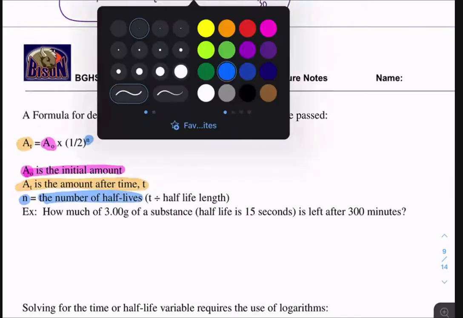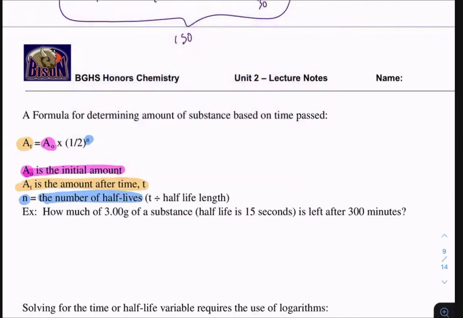So let's try the example. How much of a 3-gram substance is left after 300 minutes? And they are telling us the half-life is 15 seconds. Okay, so when they say how much is left, what they're asking for is this. A sub t is how much is left.